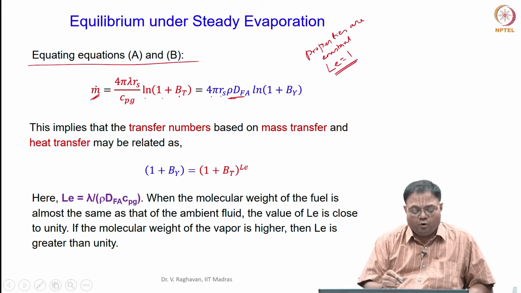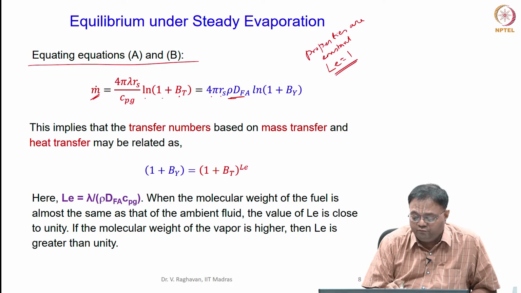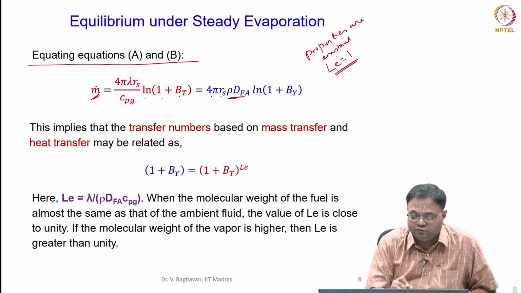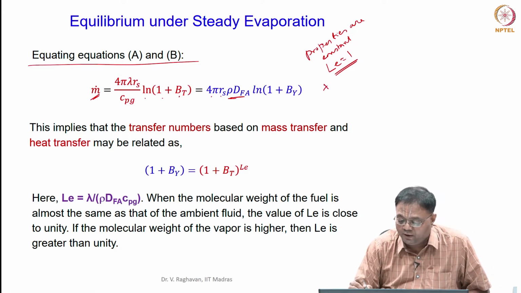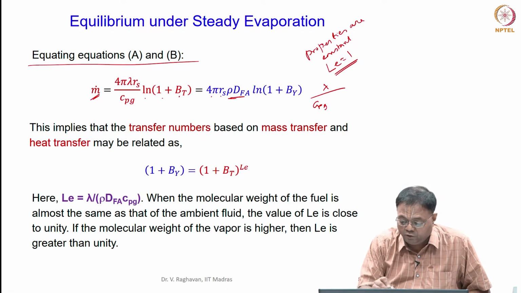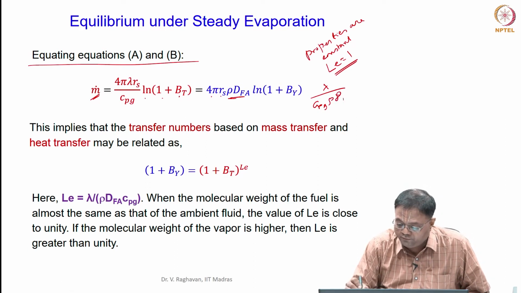Okay. So now when you equate this, you can see that the 4 pi Rs cancels, and we can write, so bring this to the left hand side. So lambda by Cpg rho Dfa. Okay.